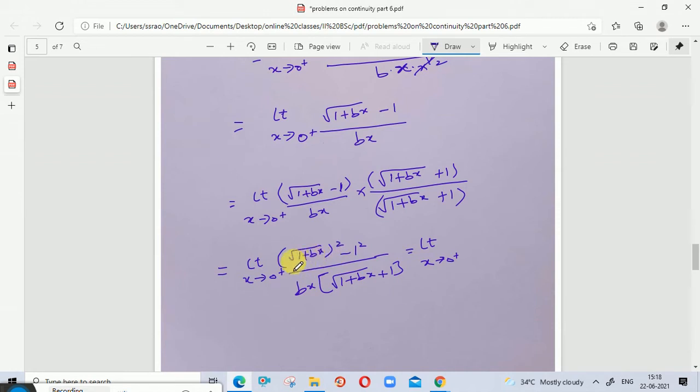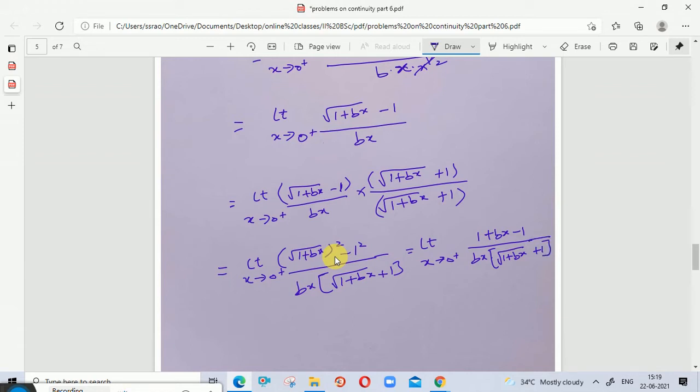Okay, root of 1 plus bx whole square, square root and square cancel, so 1 plus bx, 1 plus bx minus 1 divided by bx into square root of 1 plus bx plus 1.